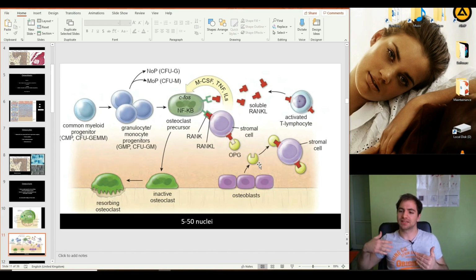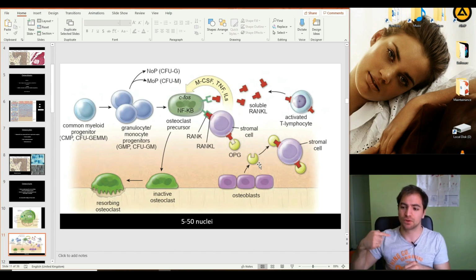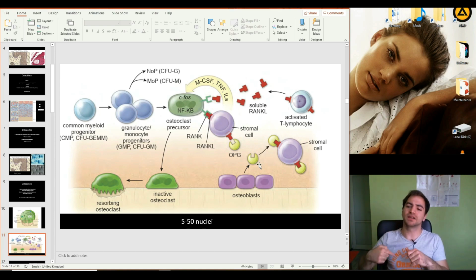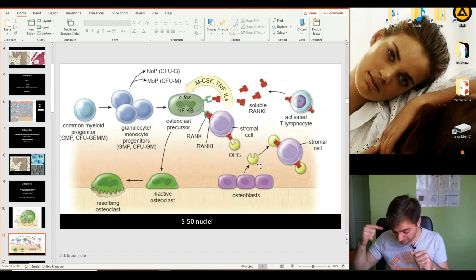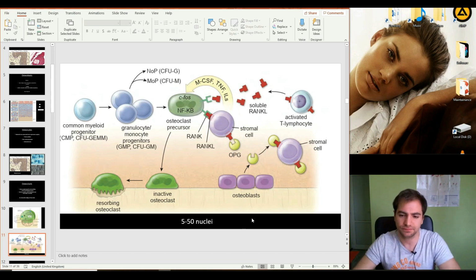What does this tell us? It tells us that both the rate of production of bone and the rate of destruction of bone is tightly controlled by osteoblasts. The cells that produce bone are the ones that play the major role and control the rate of destruction. This is why these cells have 5 to 50 nuclei, because they are fused monocytes, aggregated and orchestrated by the osteoblasts.